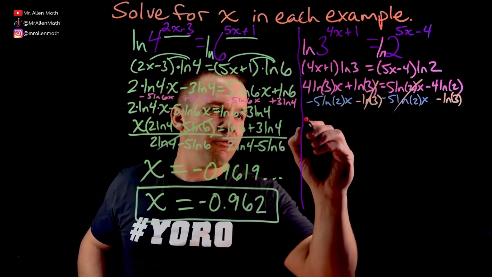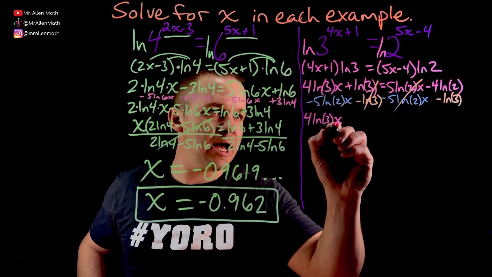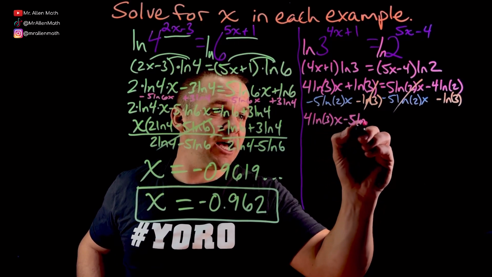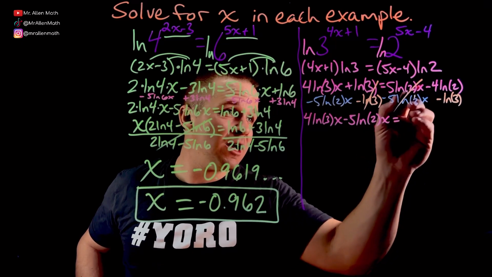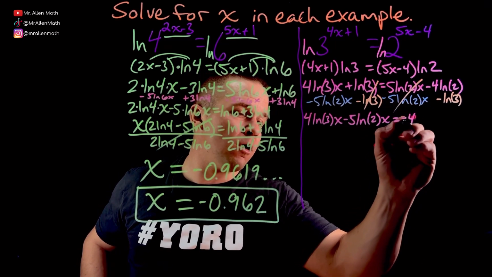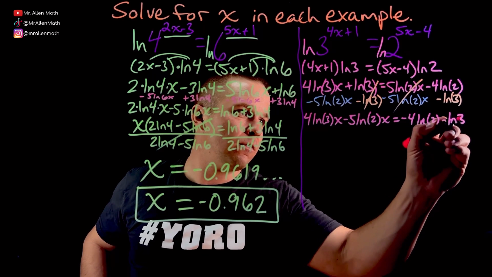Now let's rewrite it. So we've got 4 natural log of 3 x minus 5 natural log of 2x equals negative 4 natural log of 2 minus natural log of 3.